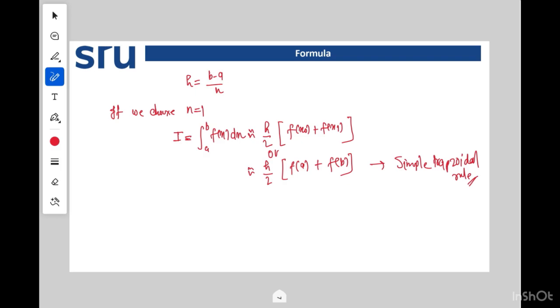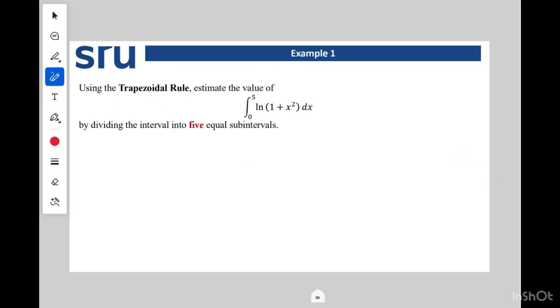Now let's come to the example section. The question here is: using the trapezoidal rule, estimate the value of the integral from 0 to 5 of log of 1 plus x square dx. How do we have to integrate here? By dividing the interval into 5 equal subintervals.